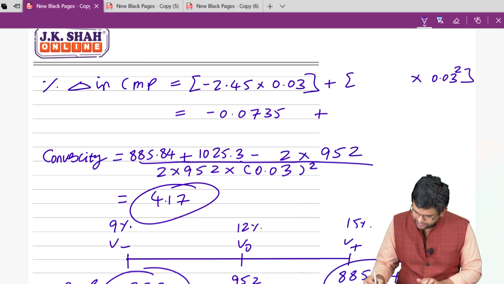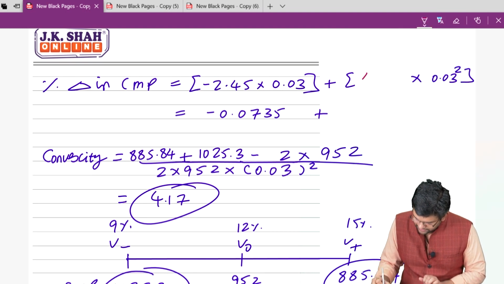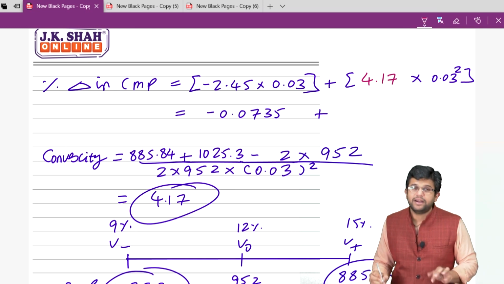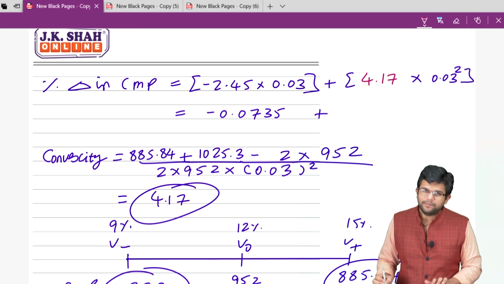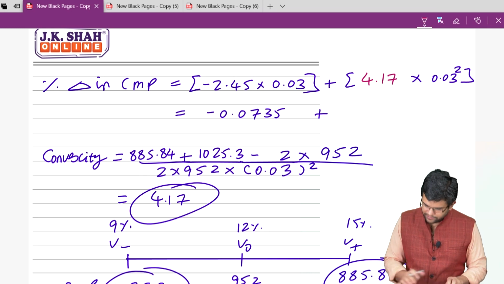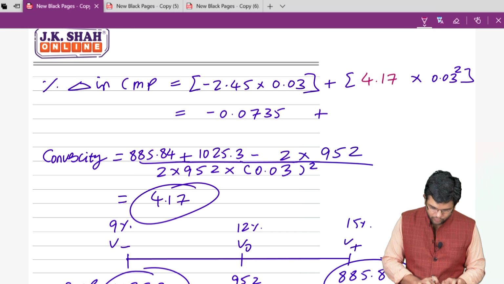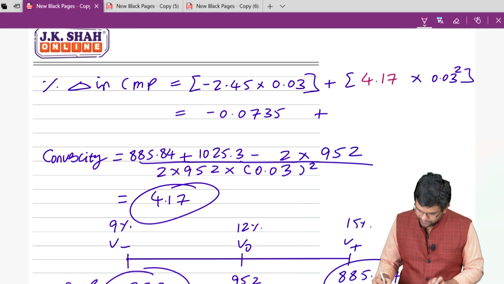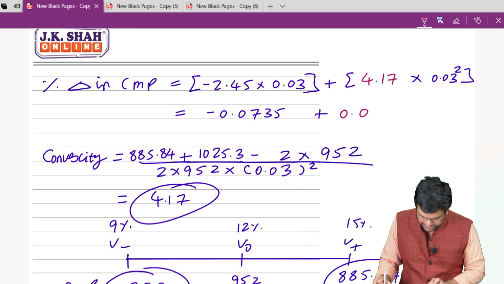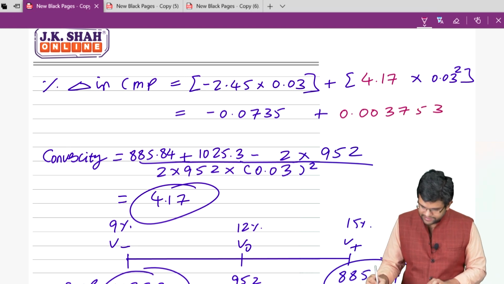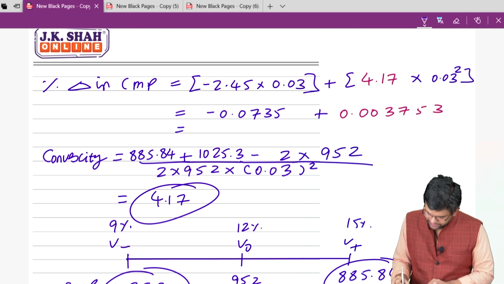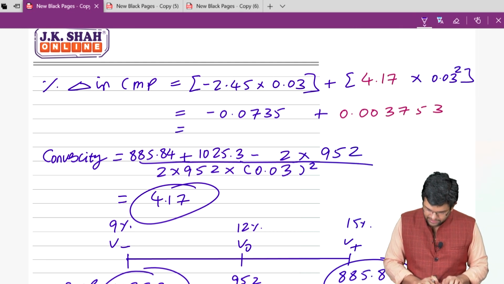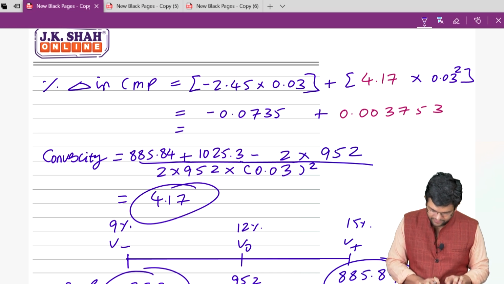We can place it here as 4.17 in the first formula, and we can find out the total change in the current market price. So children, here the second half of this formula will be 0.03 into 0.03 into 4.17, and that will be 0.003753. So let's now take the calc and solve this. Minus 0.0735 plus 0.003753.